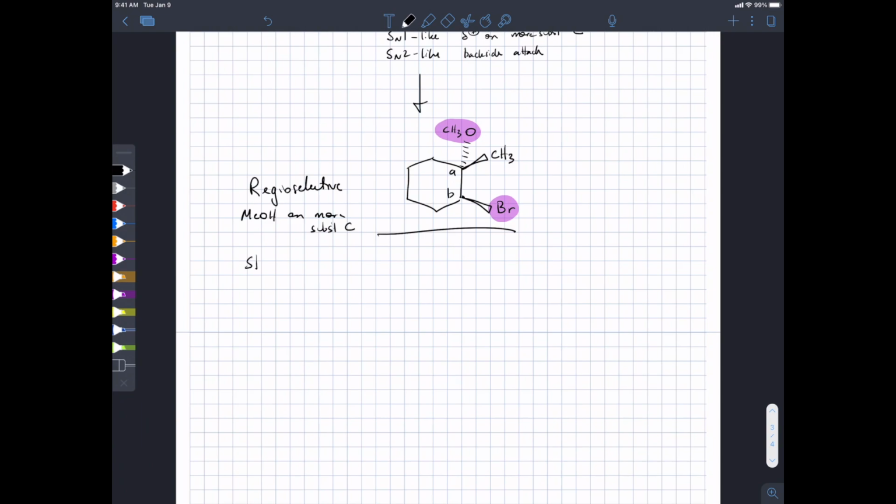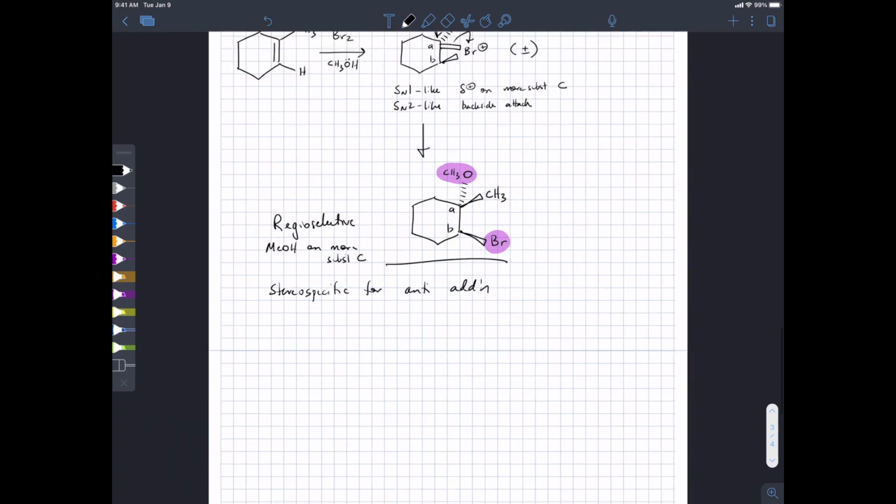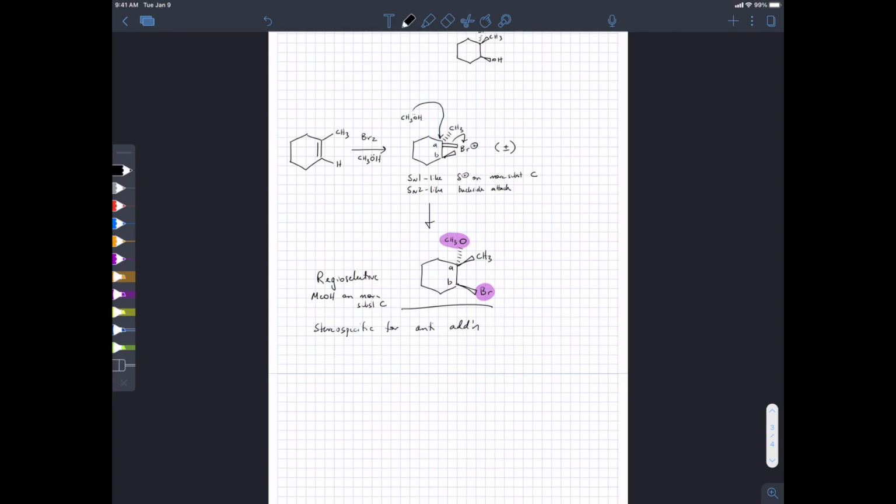And it's stereospecific for anti-addition. And you can tell this is an anti-product because we've drawn the product with the same orientation of carbons as they were in the alkene starting material, and the two groups we added are on opposite sides.